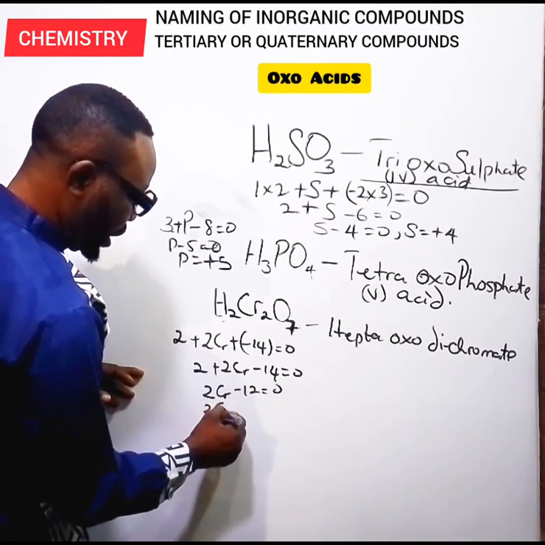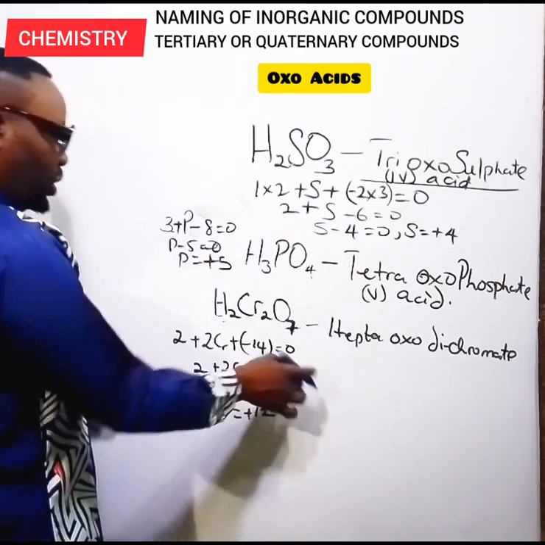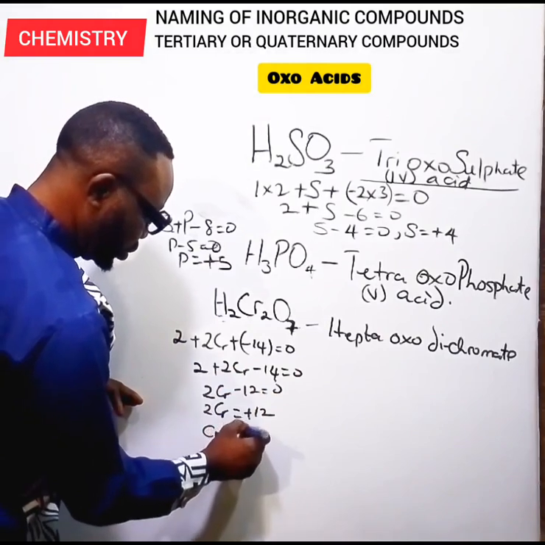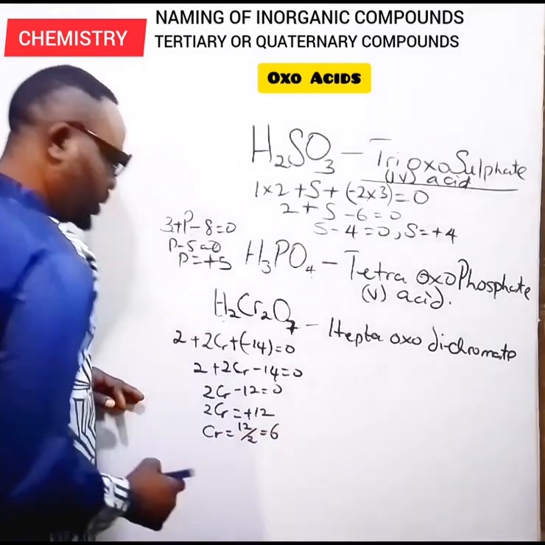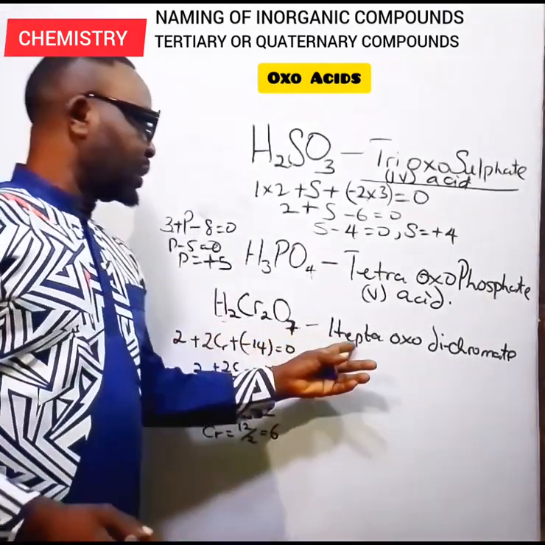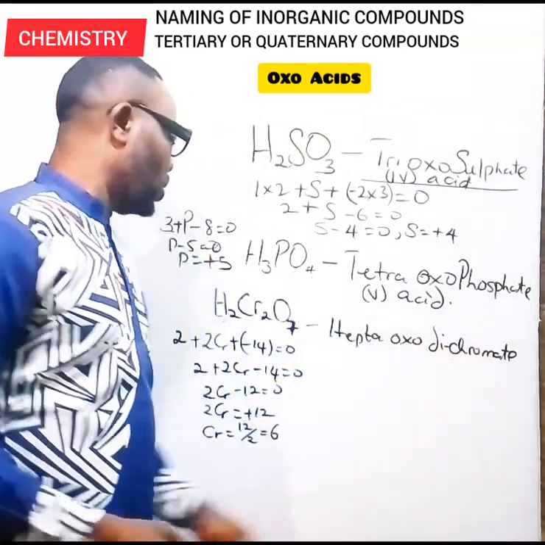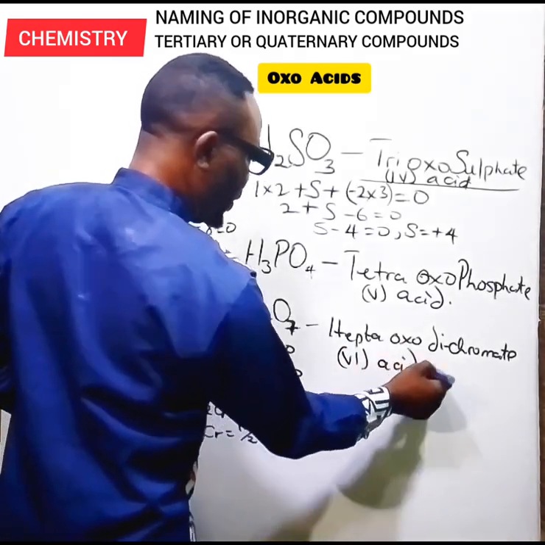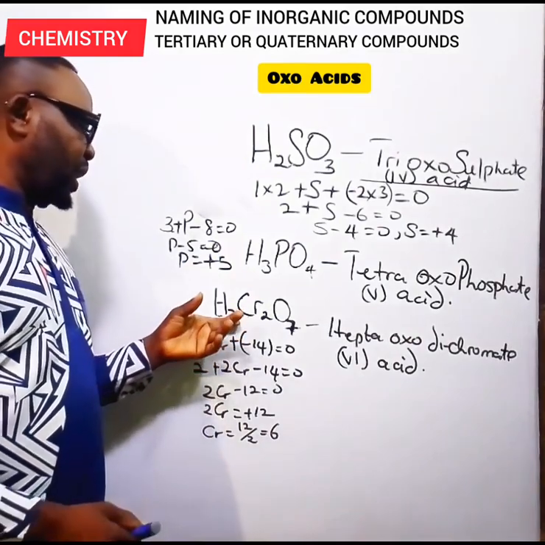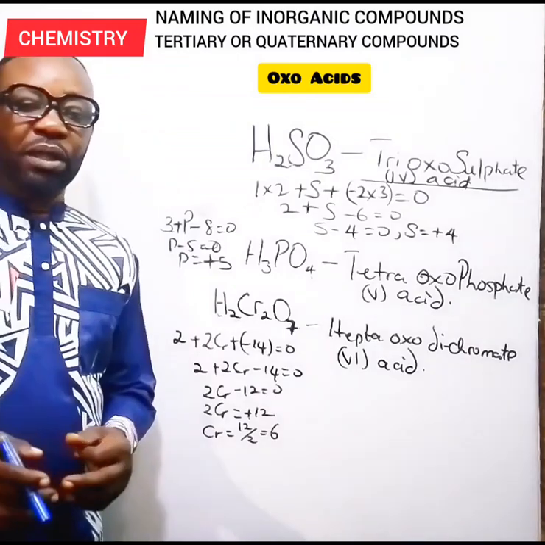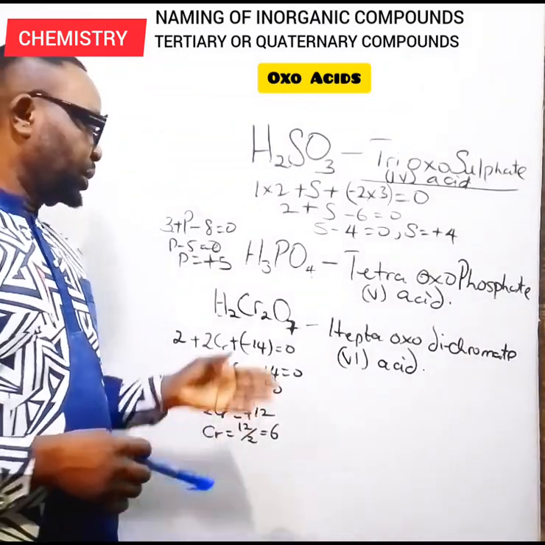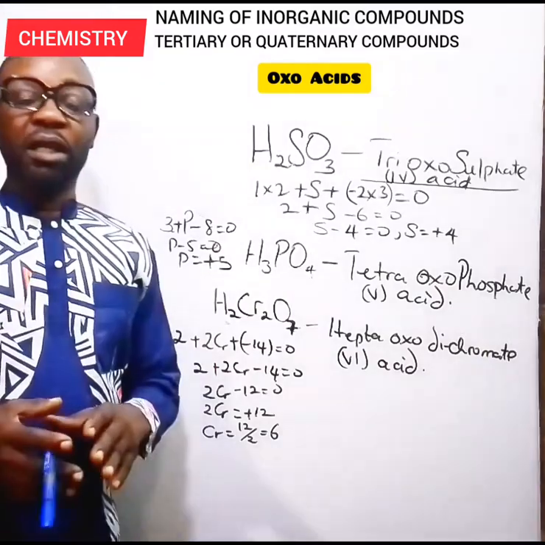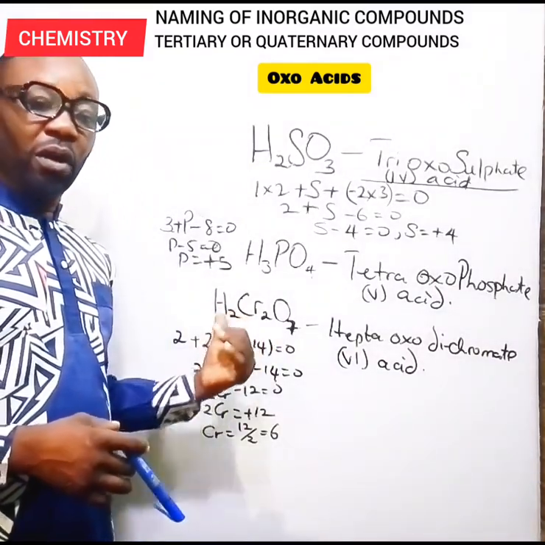So we have 2Cr is equal to plus 12, because when this comes to the other side, it becomes positive 12. Then Cr will be equal to 12 over 2, which is equal to 6. So then this name will be heptaoxo dichromate 6 acid. You can see that the name of the hydrogen doesn't show, but just to indicate that there is acid there, you put the H, you call it acid, that shows that there is hydrogen in that compound.